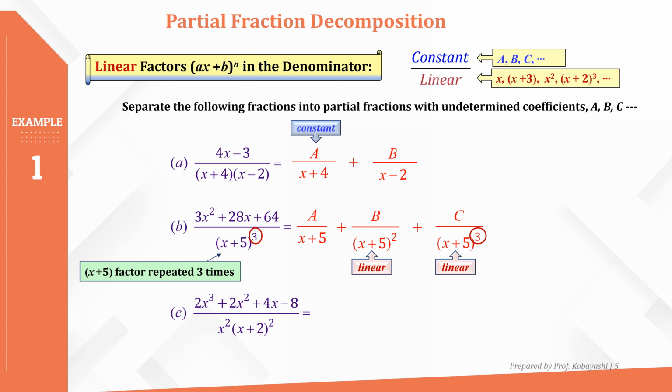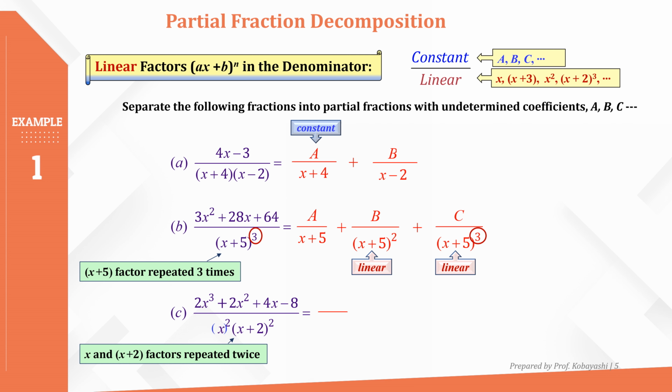How about C? x squared is usually treated as quadratic in algebra. However, for setting up partial fractions, consider x or x plus 2 as a linear factor repeated twice.